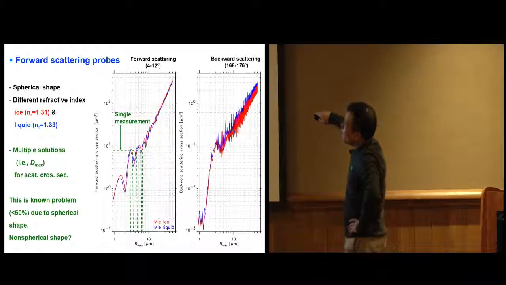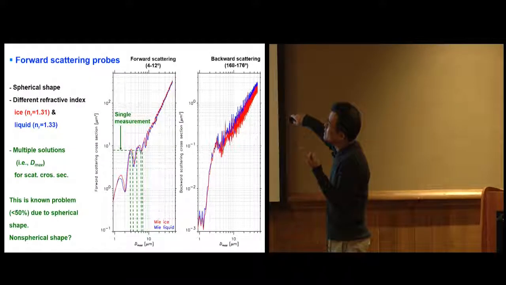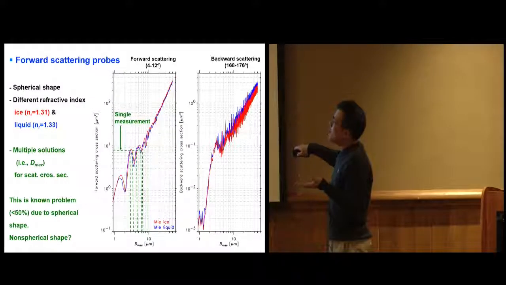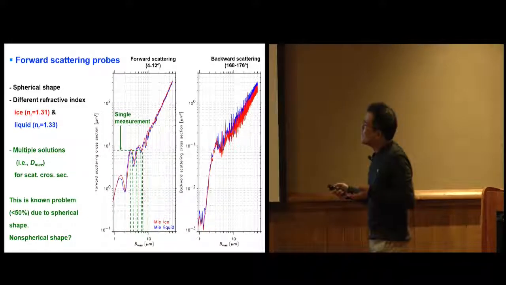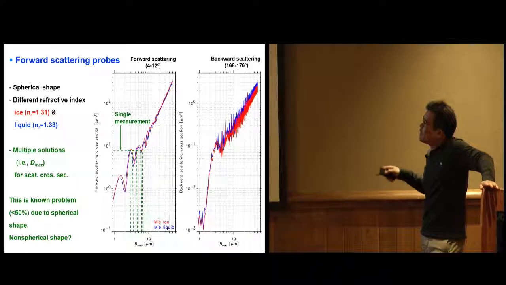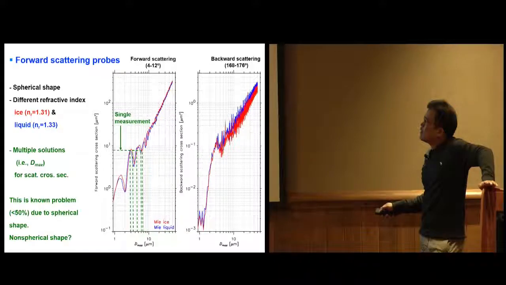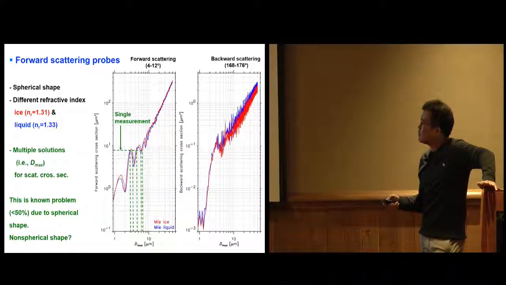Okay, for a given single measurement of this scattering cross-section, multiple solutions of particle size are possible. It is mainly due to these oscillations, and this is a known problem due to the spherical shapes, and the error is estimated to be less than 50%. And the next question is, what about such errors in non-spherical particles?